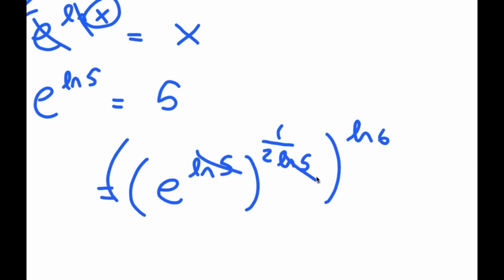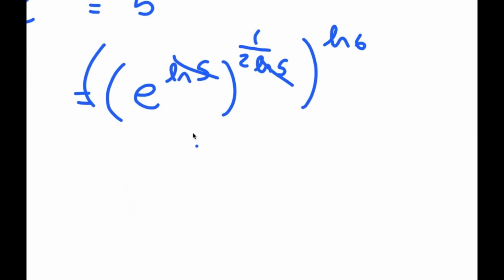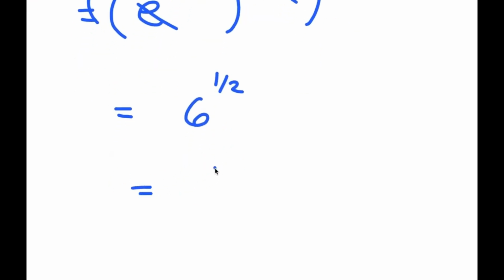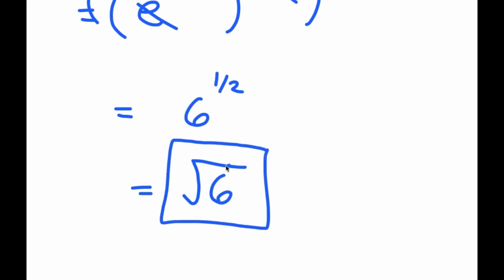Now these two cancel out, and the e and the ln cancel out. So I'm left with 6 to the power of 1/2. And 6 to the power of 1/2 is going to be the same thing as the square root of 6. So the square root of 6 is my solution to this expression.